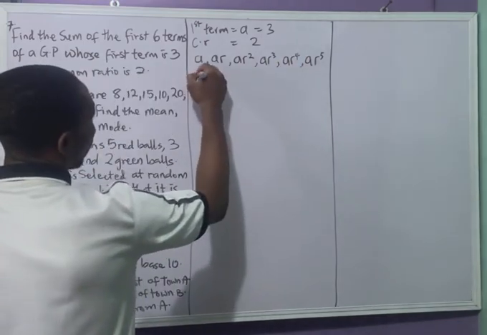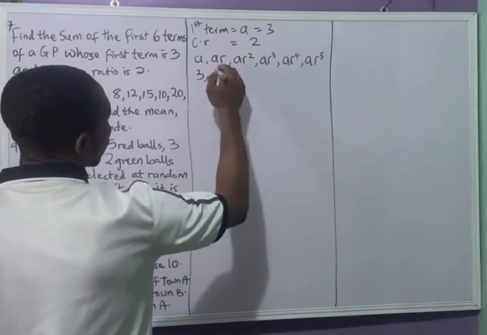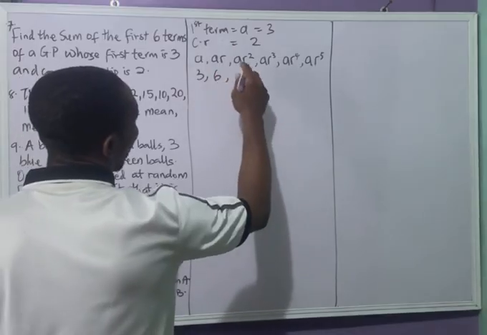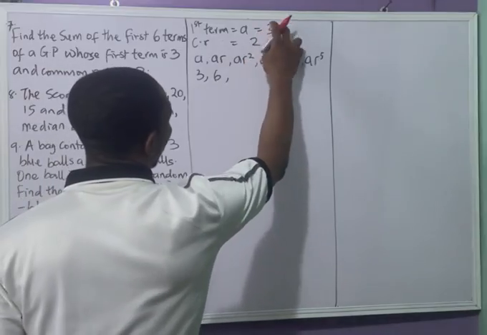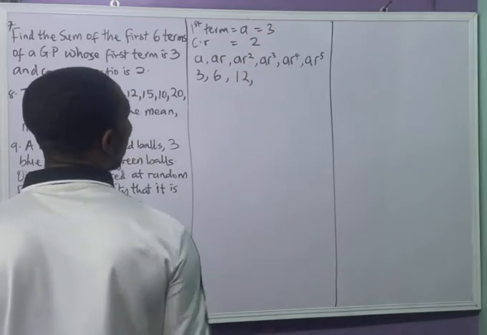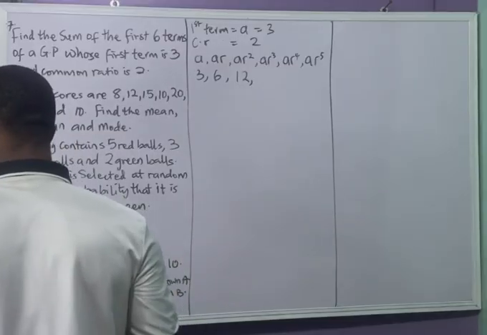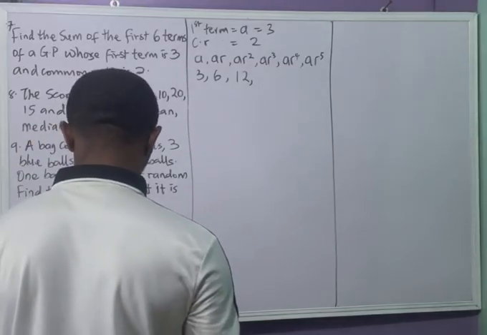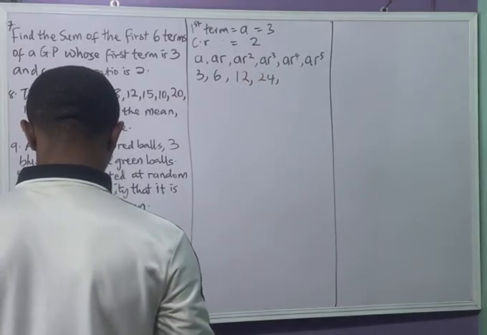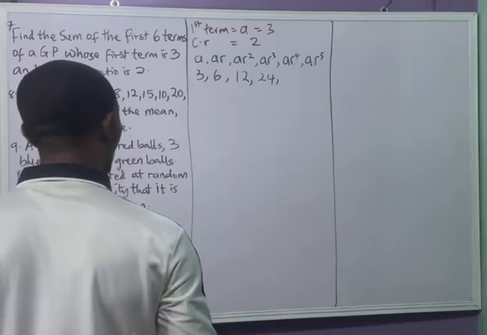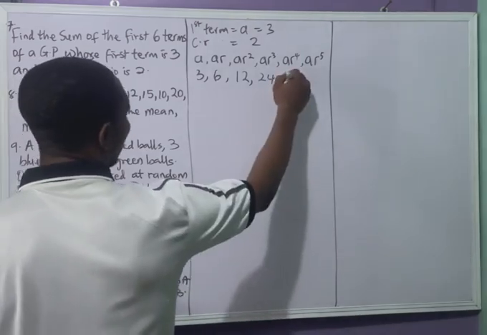So this will be 3, that's our first term. 3 times 2 is 6. 2 squared is 4, times 3 is 12. Then 8 times 3 is 24. So 2 raised to the power 4 times 3 is 48.